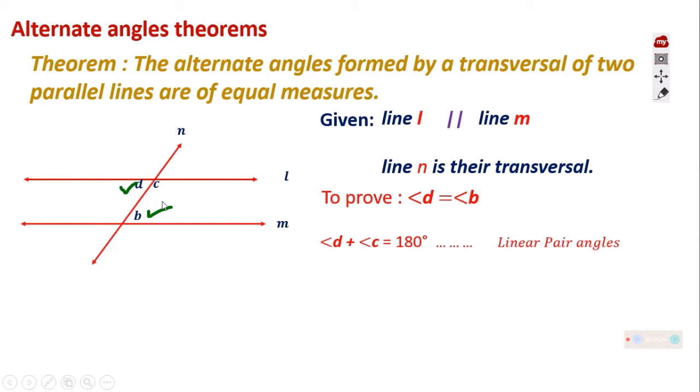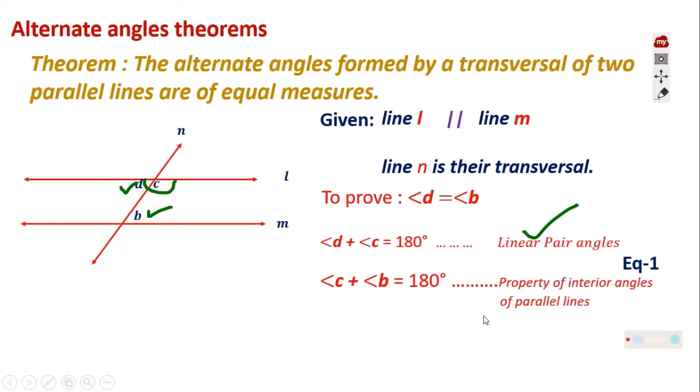We know that D plus C is equal to 180 here because they are a linear pair. We also know that C plus D is equal to 180 because they are interior angles. From that we can conclude that C is common here again.